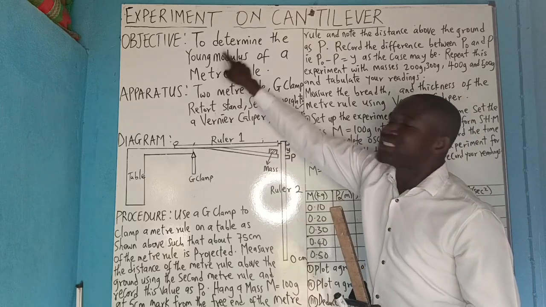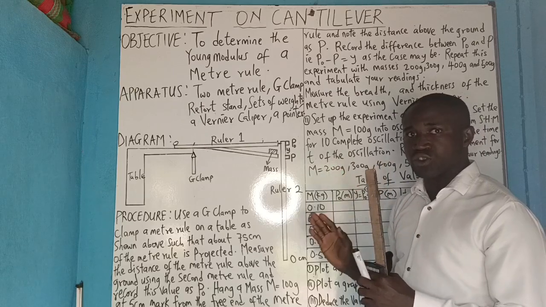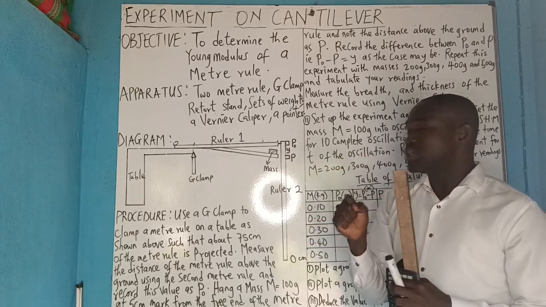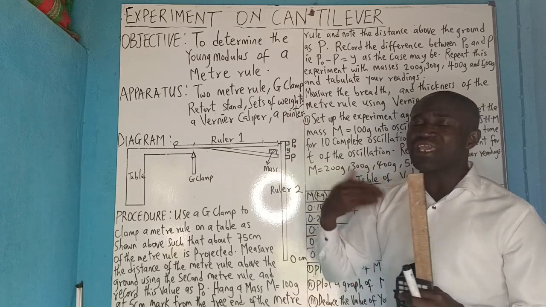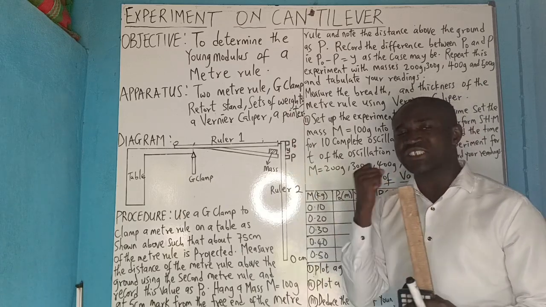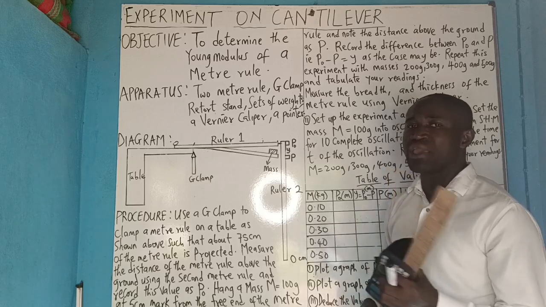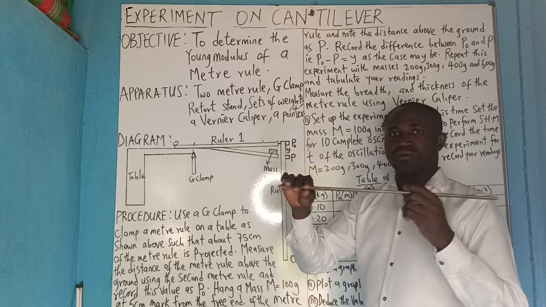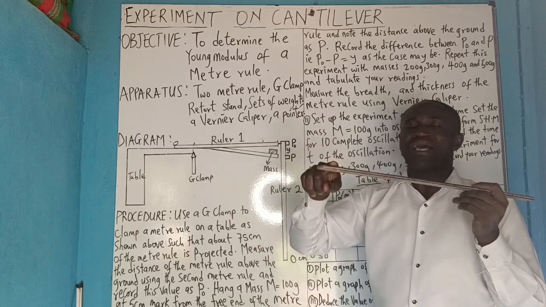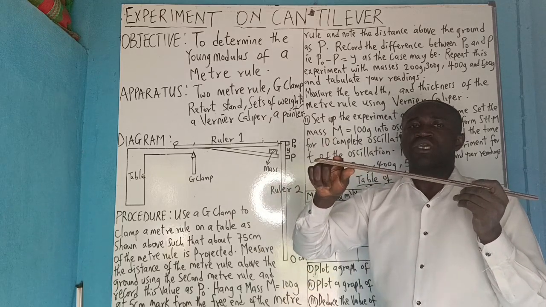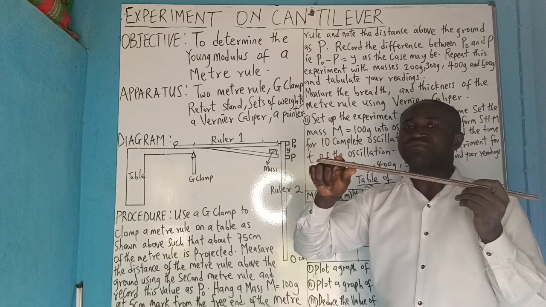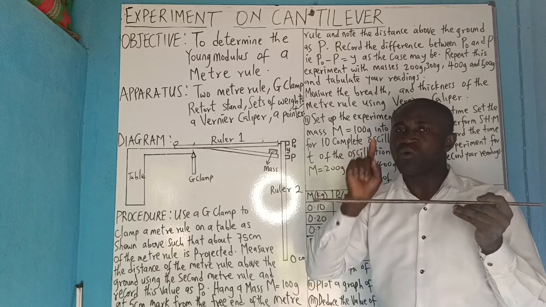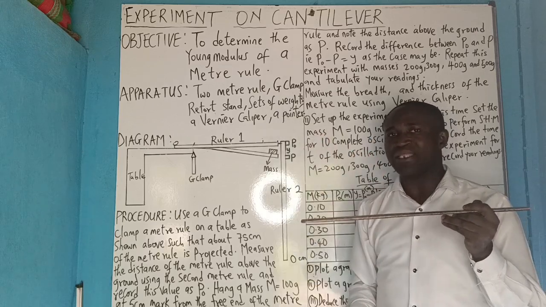If you get a higher Young modulus, it means that that meter rule is very stiff. So the Young modulus has a direct relationship with how stiff or how flexible a meter rule is. Look at a meter rule. If I insert a mass on this meter rule, if it is very stiff, the way it will bend will not be the same as the way one that is flexible will bend.